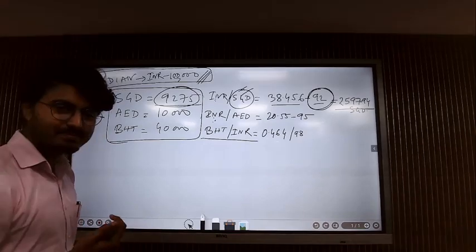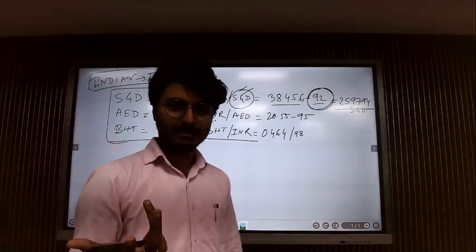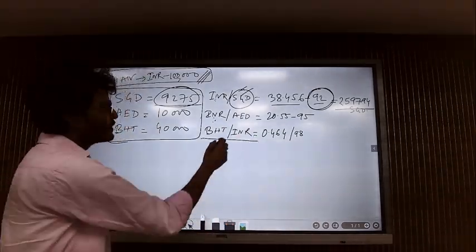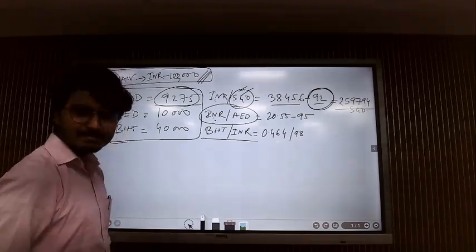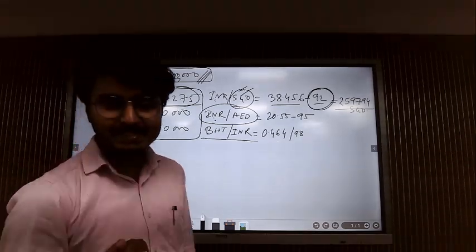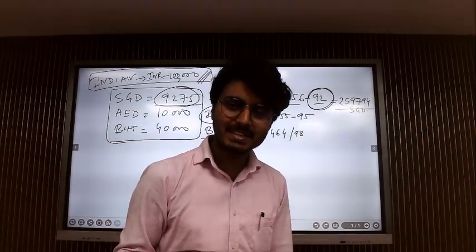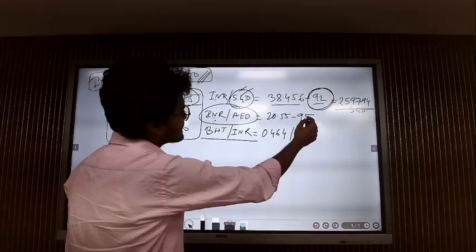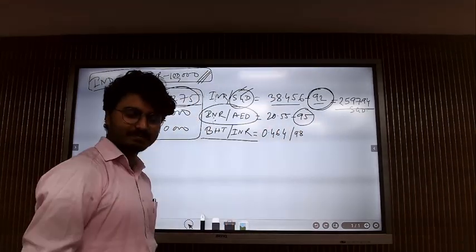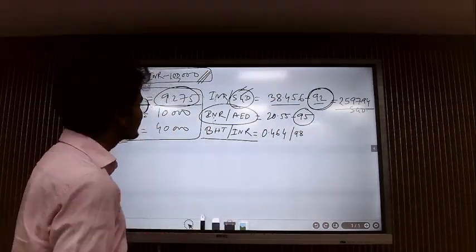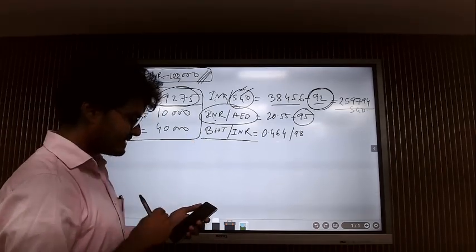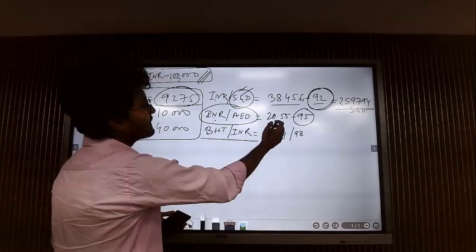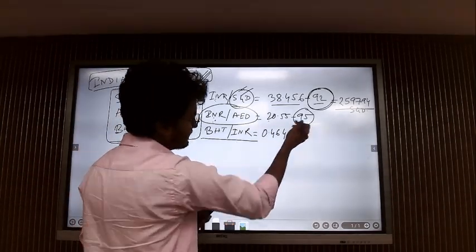Next, very poor Indian citizen. We are very poor. Next, go for Dubai, United Arab Emirates. The currency of United Arab Emirates is dirham. So the ask rate will be applicable. Fine. 1 lakh divided by 20.95.